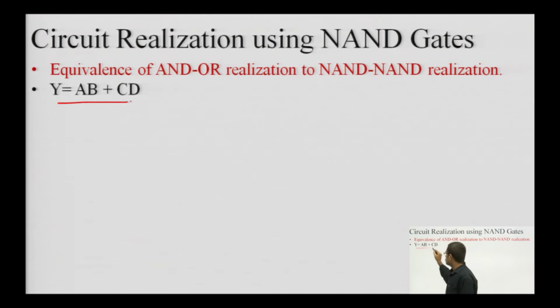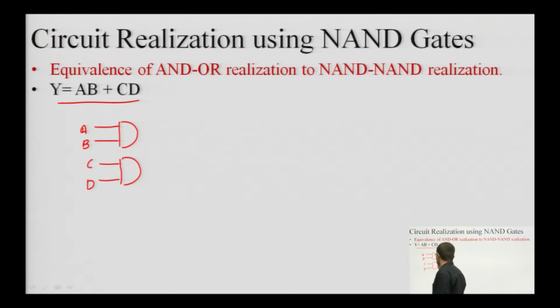So, let us take an example that y is equal to ab plus cd. This is a very simple example which has been taken to prove this equivalence. We can see that this ab is a product, and this cd is also a product, and both these products are to be summed. So, this is the basic realization.